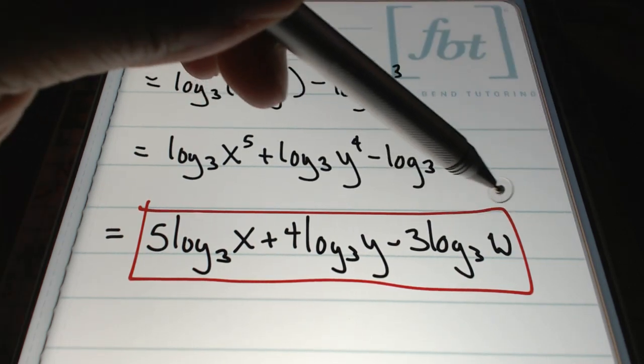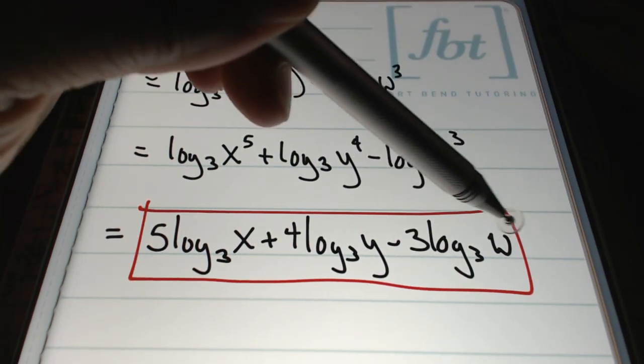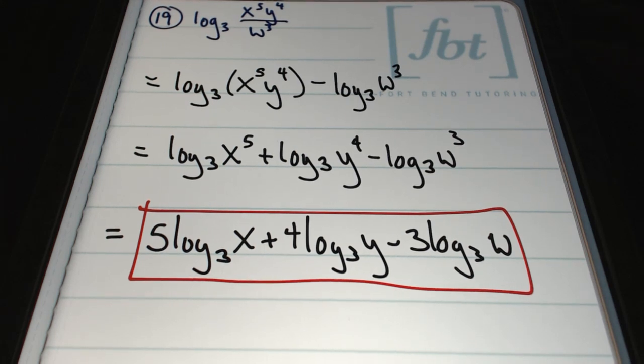The only time you can cancel this out is if the 3 was here as the argument instead of that w, Obina. That's when you would be able to cancel that out. So here we end up with the following result. The argument has to be identical to the base of the logarithm. That's when it can be simplified.